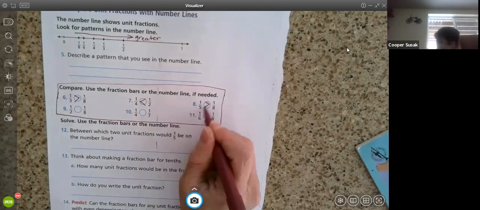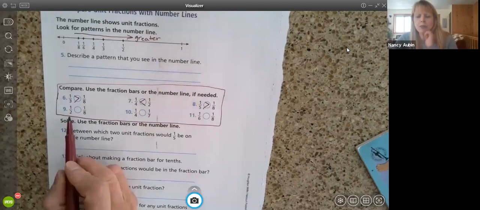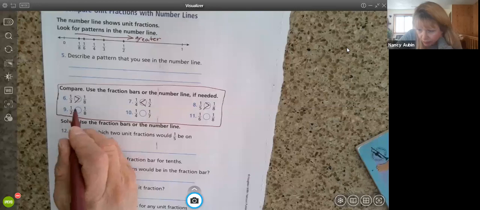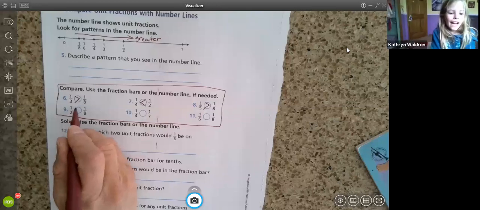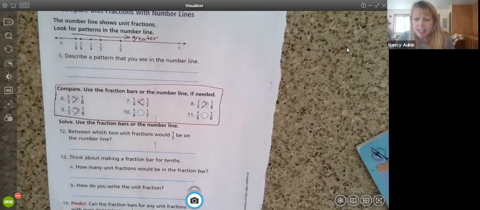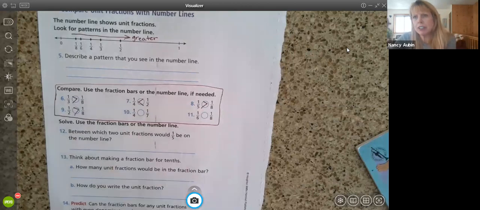1/5. Yay. Katie Waldron, number 9, 1/2 or 1/8. Which would be greater? 1/2. Okay. Number 10, Evie, 1/4 or 1/7. Which would be greater?